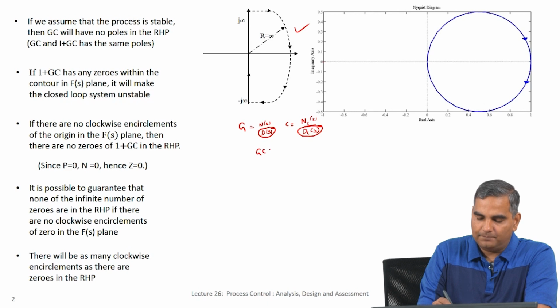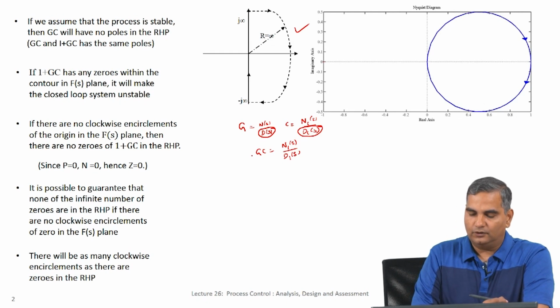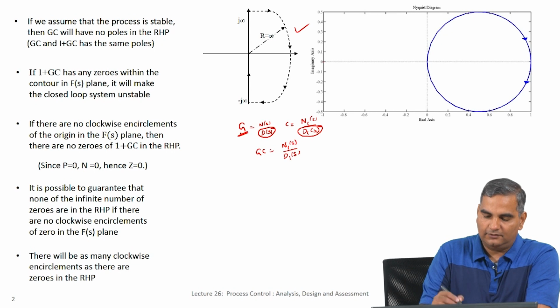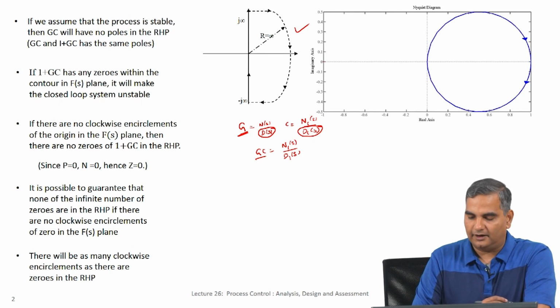So, GC, which is some numerator by denominator, when I put these together, will have no poles in the right half plane. So, if the process is stable, GC is not going to have any poles in the right half plane. This is something we should understand.